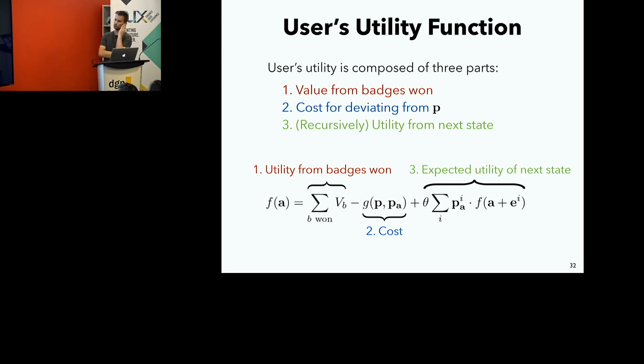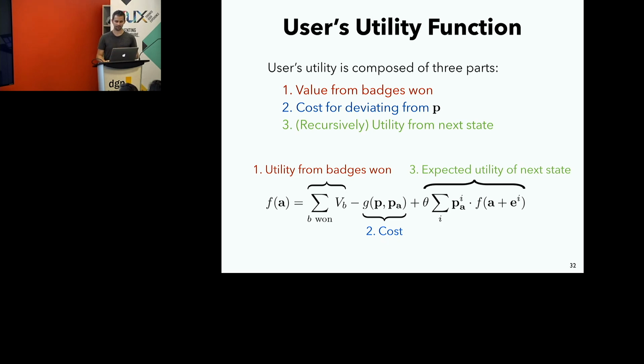So I choose some direction to move in, and over that distribution of directions, I have utility for being in every one of those states that I could possibly go to, and I just get that expected utility for being in the next state. Any questions about that?